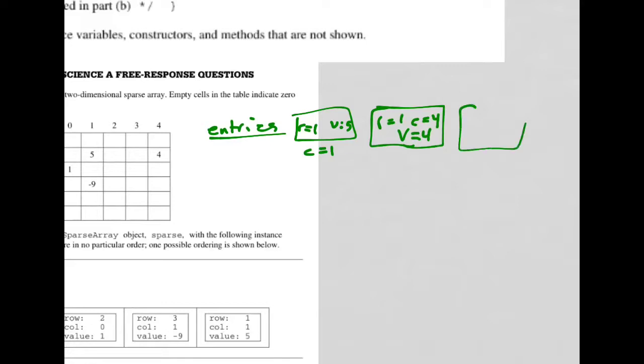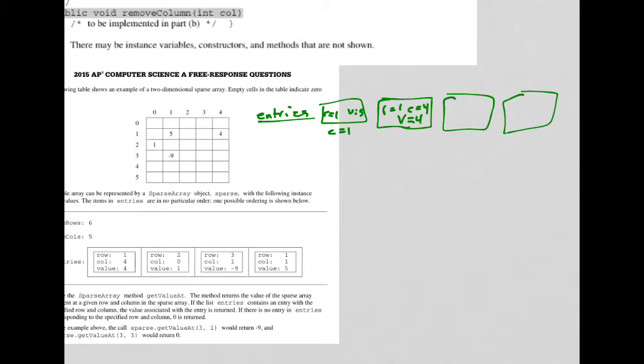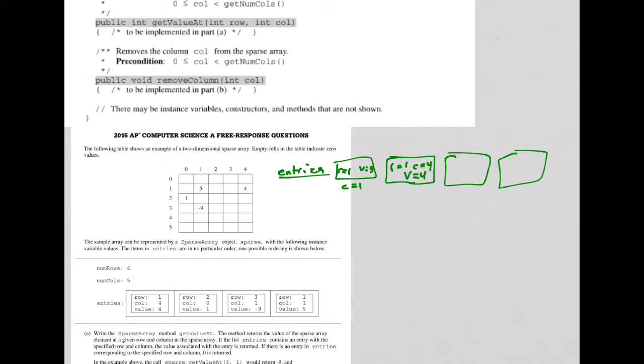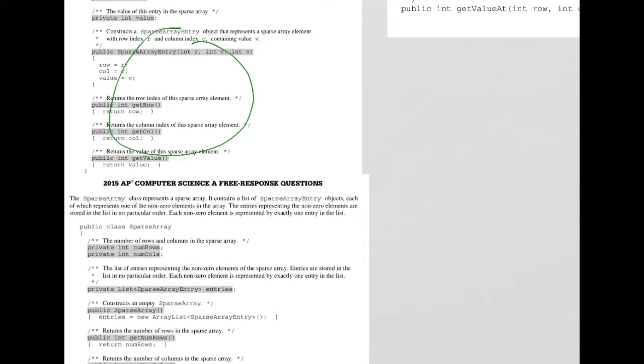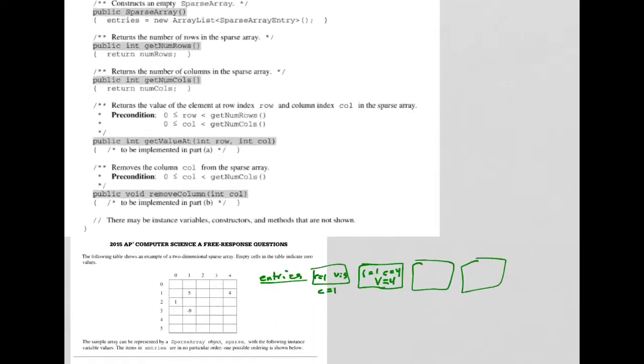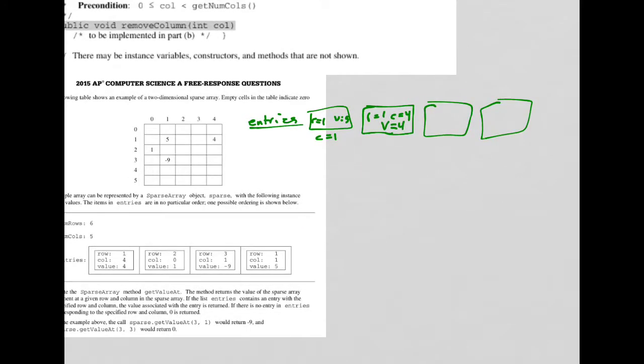So there's another one and another one. So entries is only 4 elements, and they're just 4 SparseArrayEntry objects, which come from this class. The idea, though, is that the SparseArray class has a total number of rows and a total number of columns. So that's just something to keep in mind. Inside this list entries is only 4 things. So yeah, keep that in mind.